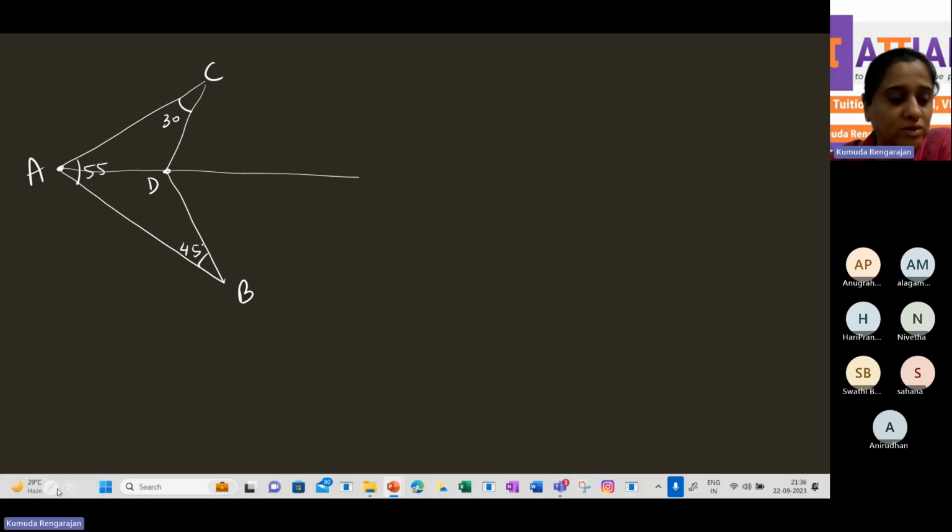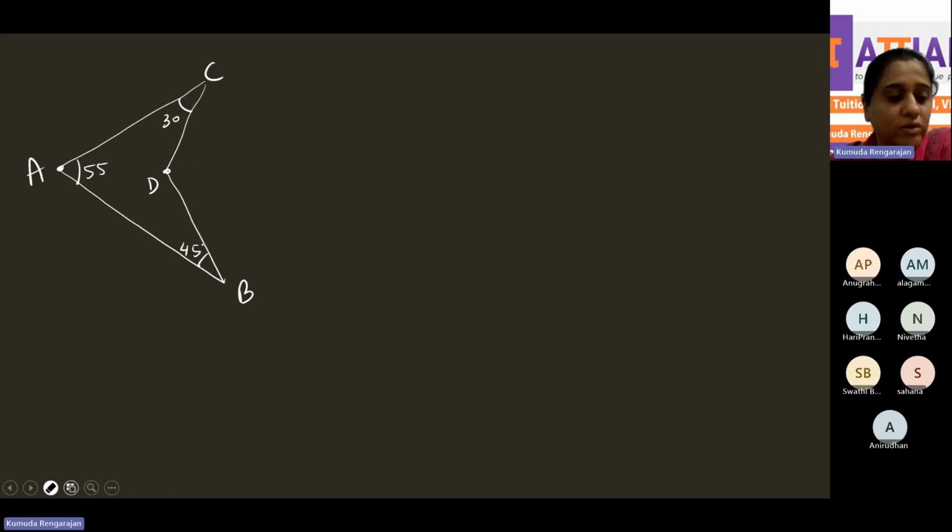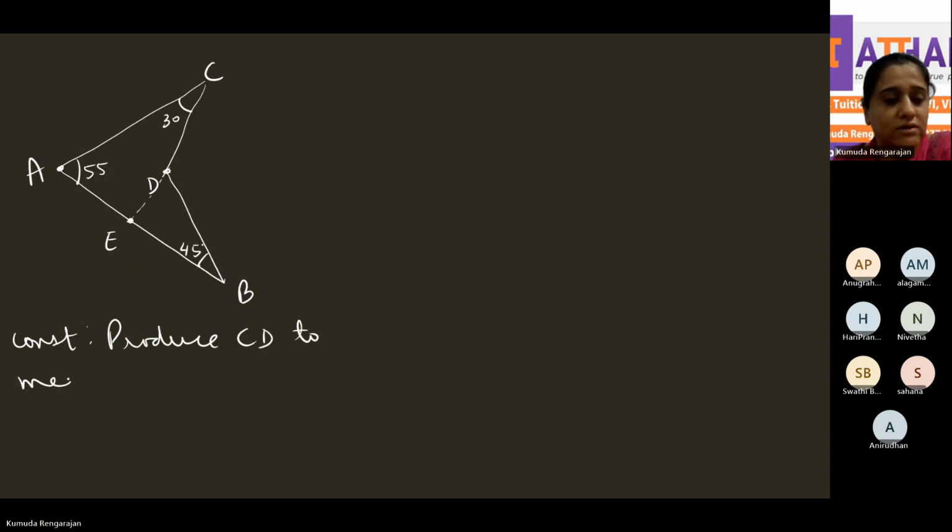You can take this construction or you can take this construction also. You can just produce it down like this. So you can say construction: produce CD to meet AB at E.